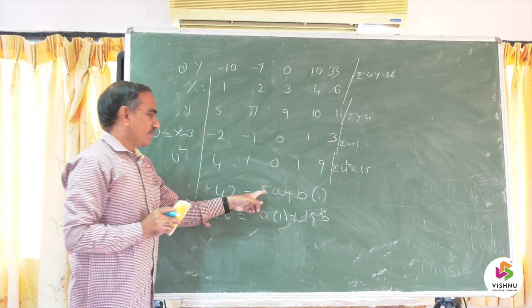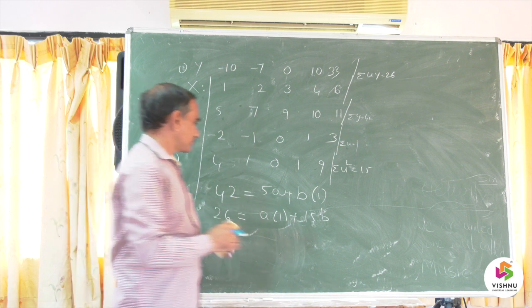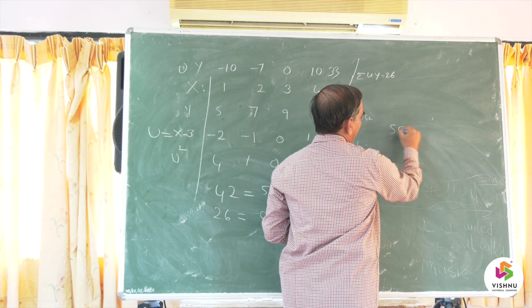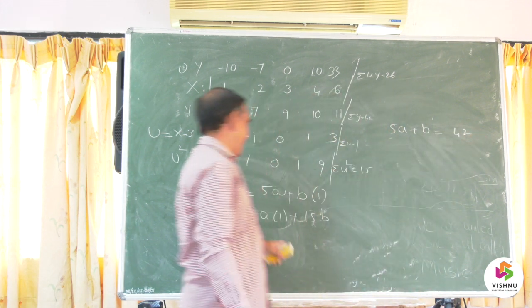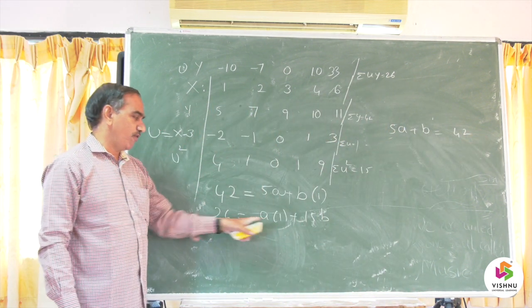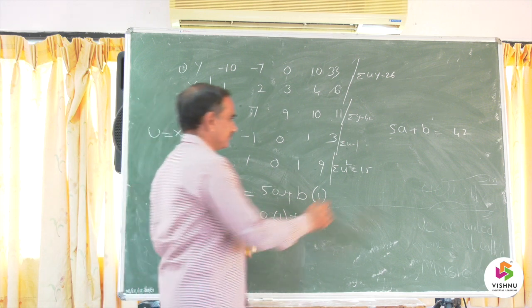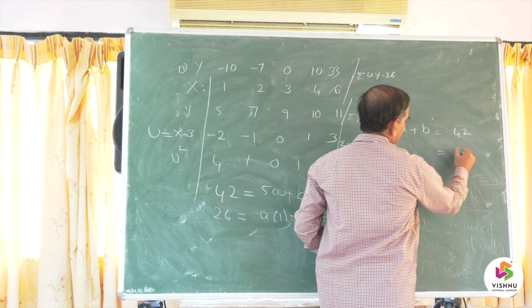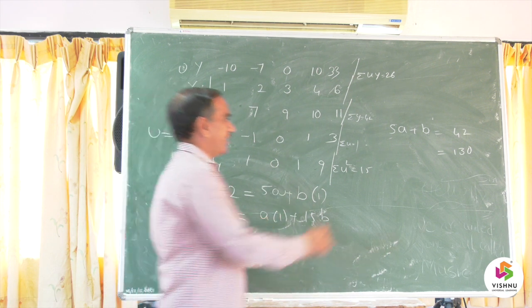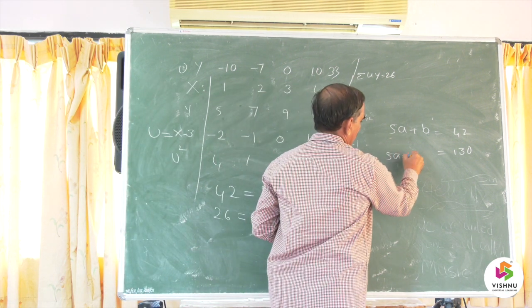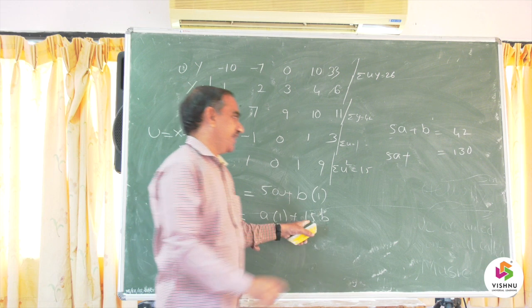So the first equation is 5a plus b is equal to 42. Multiply the second equation with 5: 5 into 26, so 5 into 1, 5a, plus 5 into 15.